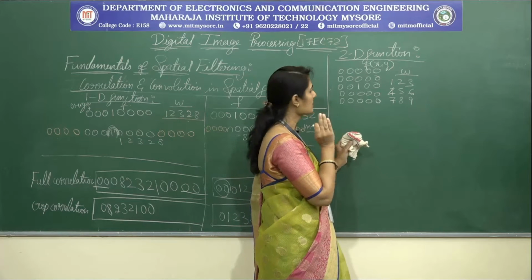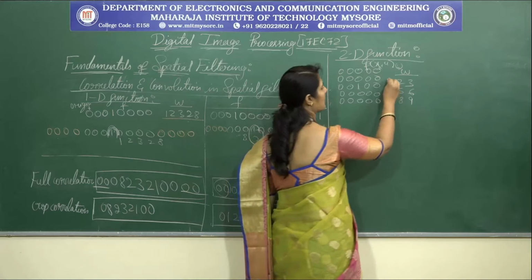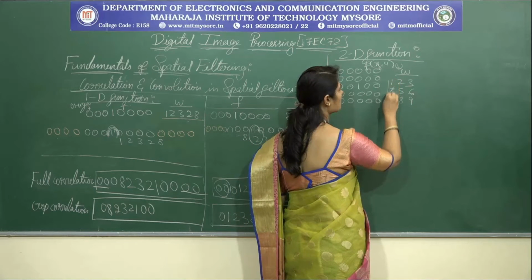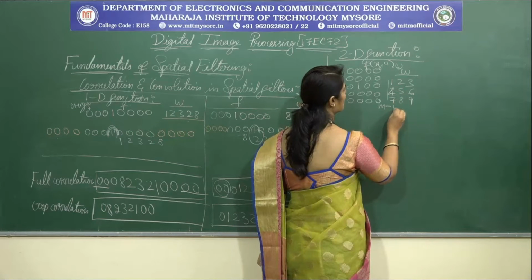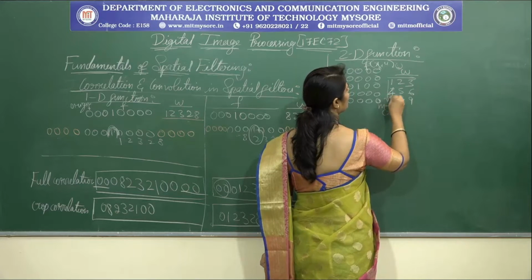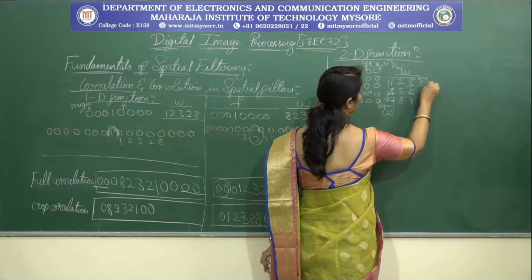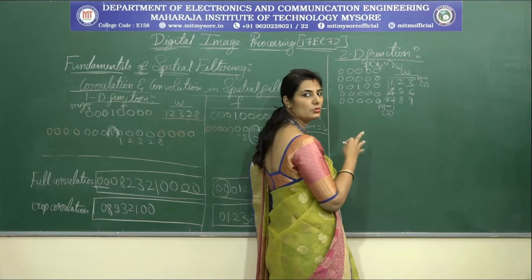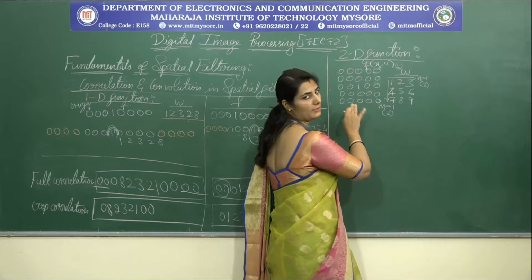So how many zeros can be padded here in this case? For that, you just look at this mask coefficient, how many rows you have. So m minus 1, so here m is 3, so m minus 1 is 2. And how many columns you have? Small n is 3, so n minus 1 is 2. So I can pad 2 rows and 2 columns on this function.